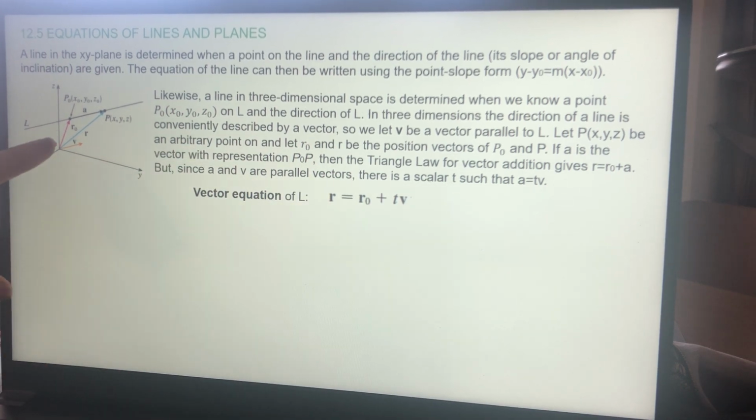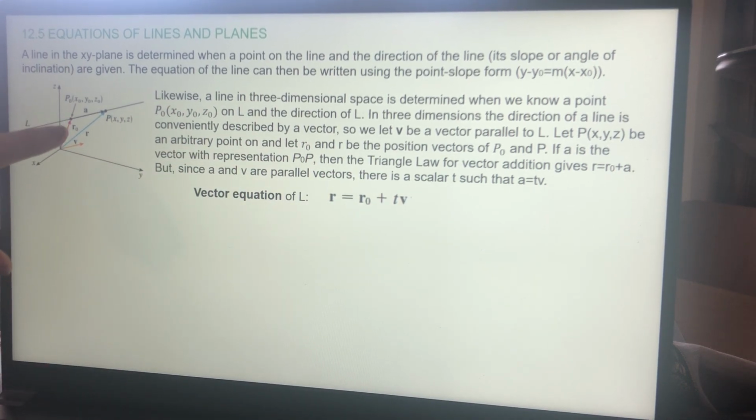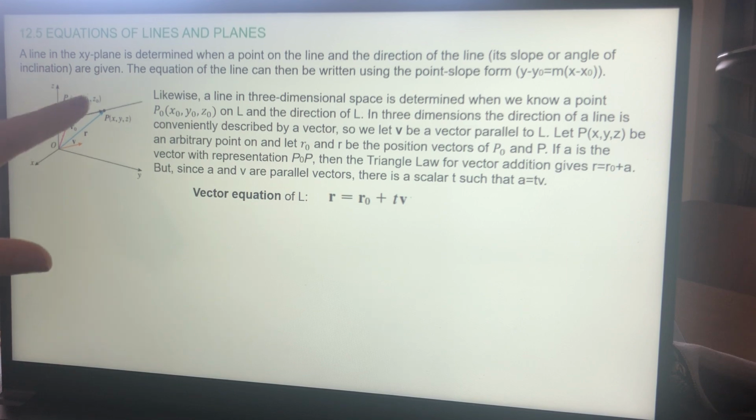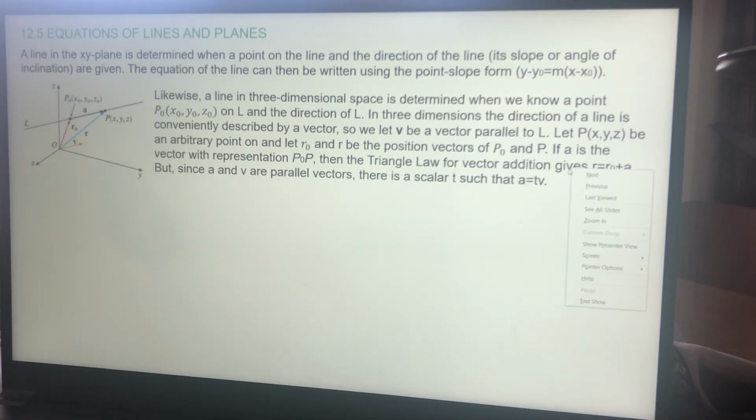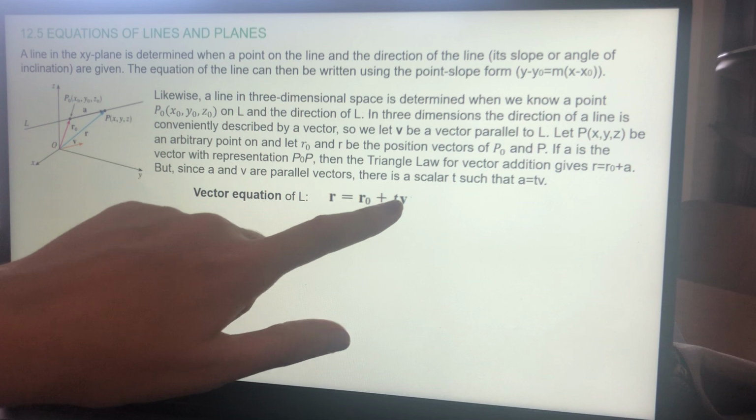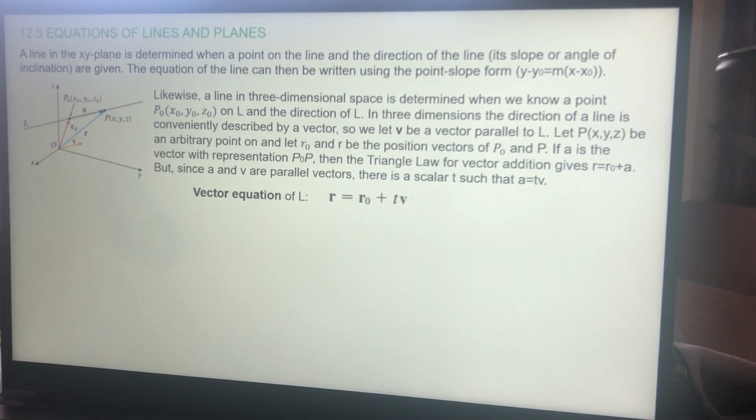From the origin to R0, you can write this vector easily as x0, y0, z0 with angle brackets. And v is the direction vector, and t is just the parameter. So you can write the vector equation of a line in that way.